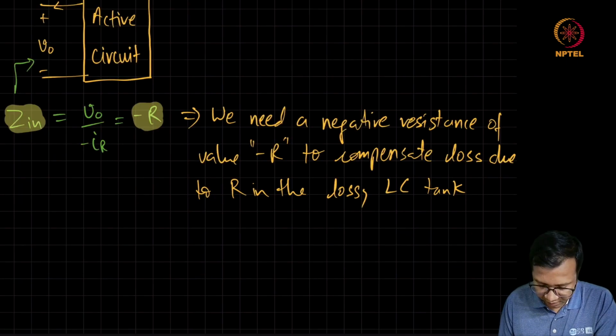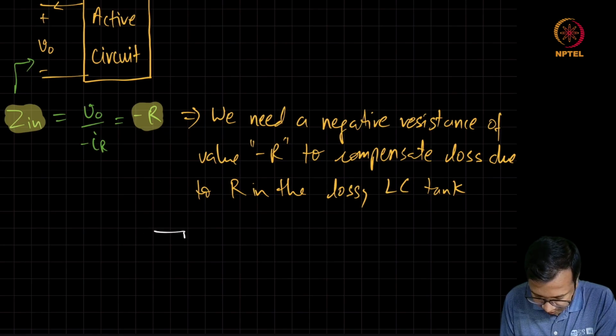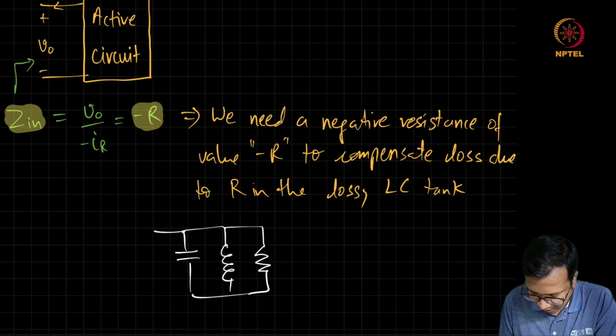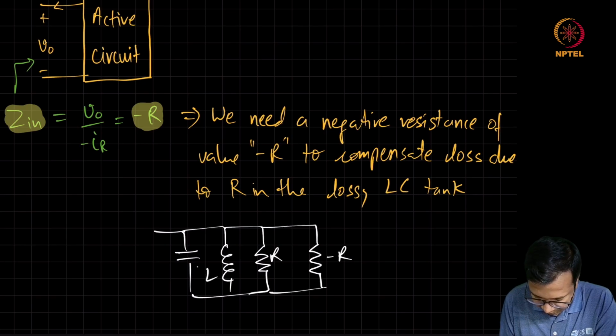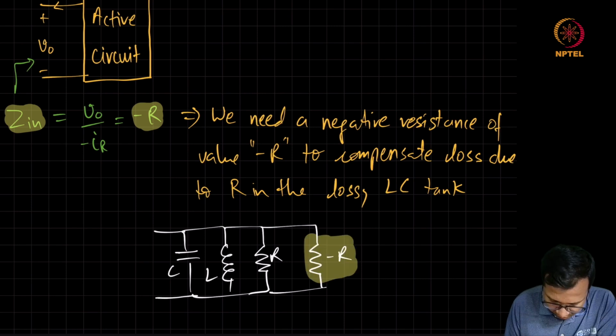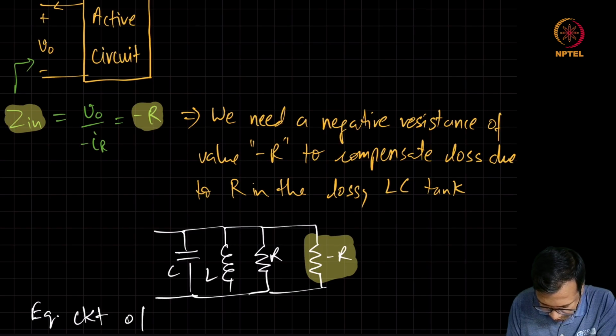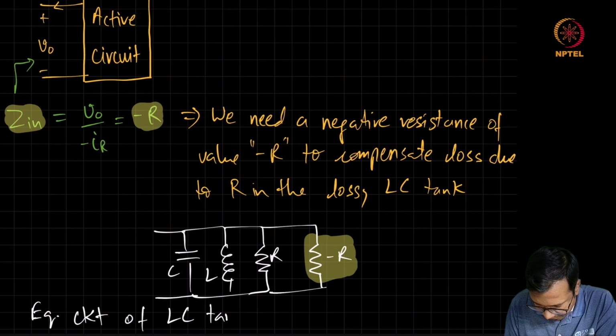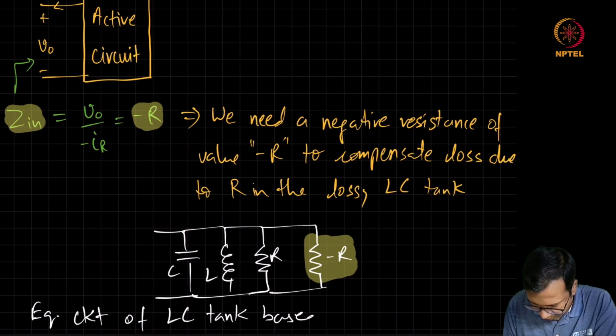So the complete circuit for this LC tank based oscillator now has a capacitor, inductor, R, which is modeling the loss in the tank, and a negative R. So this is the equivalent circuit of the LC tank based oscillator.